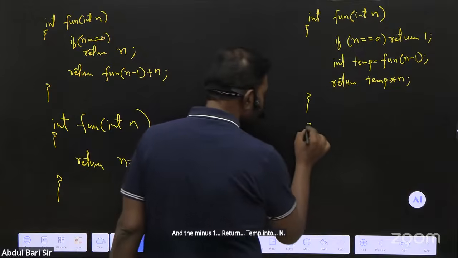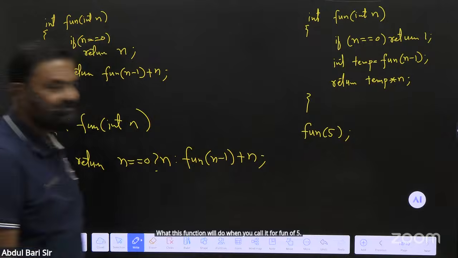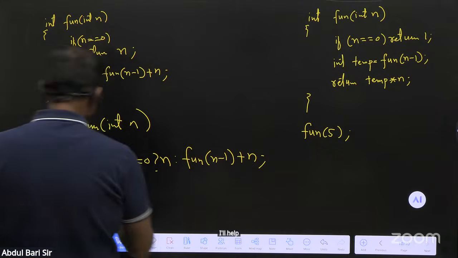What will this function do when you call it for fun of 5? I'll help you with the tracing part.